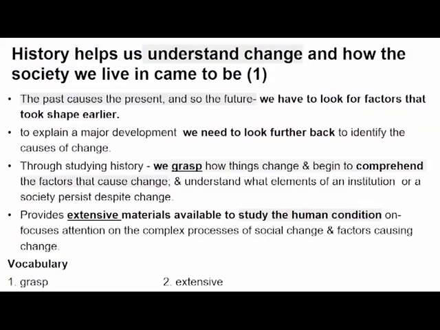Through studying history, we are able to grasp how things change, and we begin to understand the factors that cause change, and also understand what elements of an institution or a society persist despite change. History also provides us with extensive materials that are available to study the human condition, and it focuses the attention on the complex or difficult processes of social change and the factors causing change.